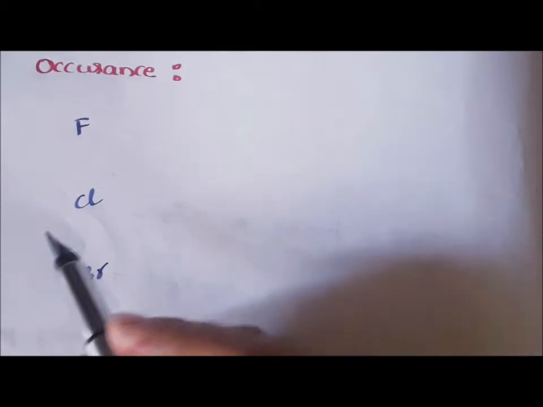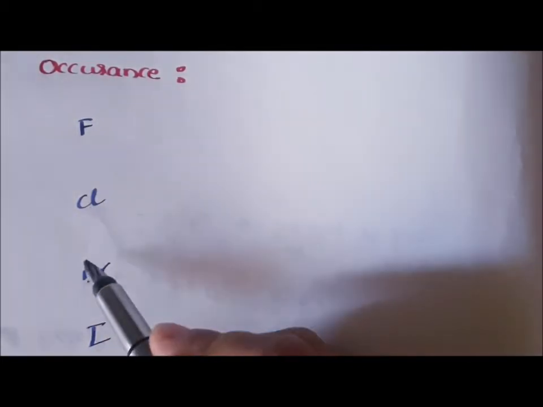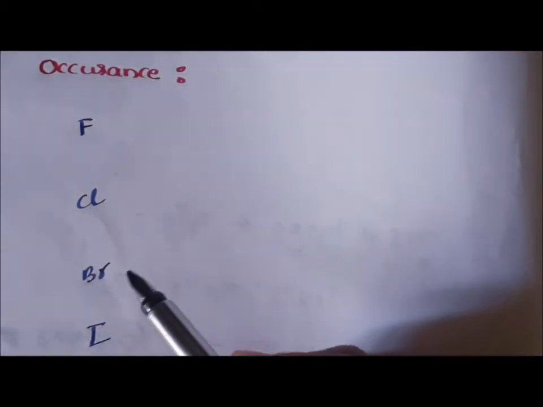Now fluorine and chlorine are fairly abundant, while bromine and iodine are less abundant.